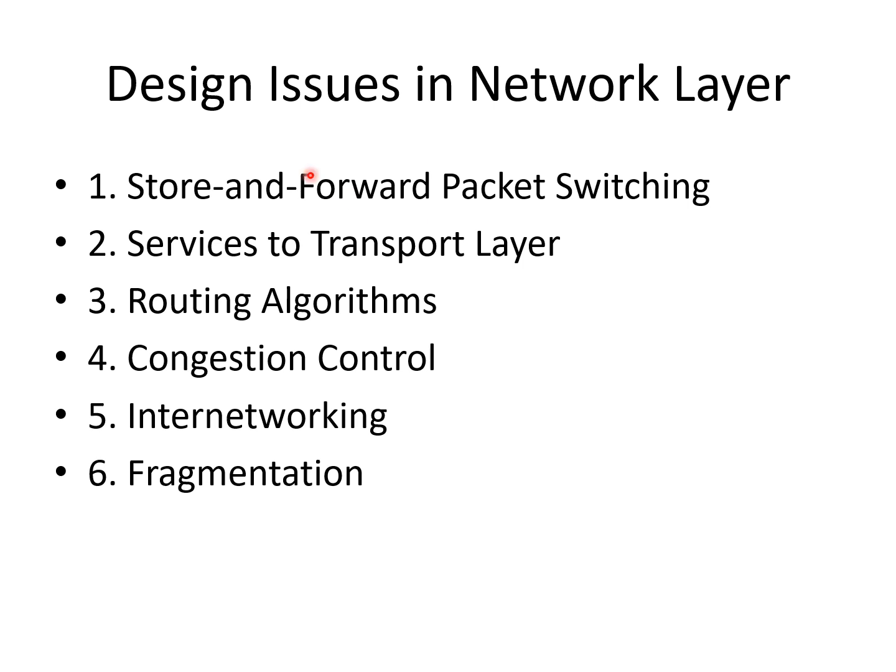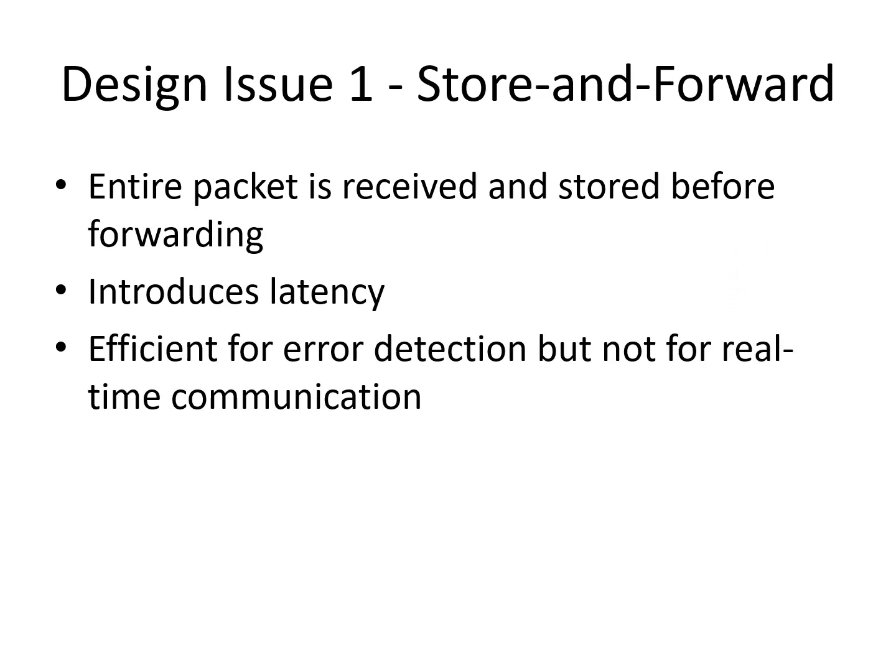What are the main design issues in network layer? First is store and forward packet switching, services to transport layer, routing algorithm, congestion control, internetworking, and fragmentation. These are the basic design issues in the network layer.